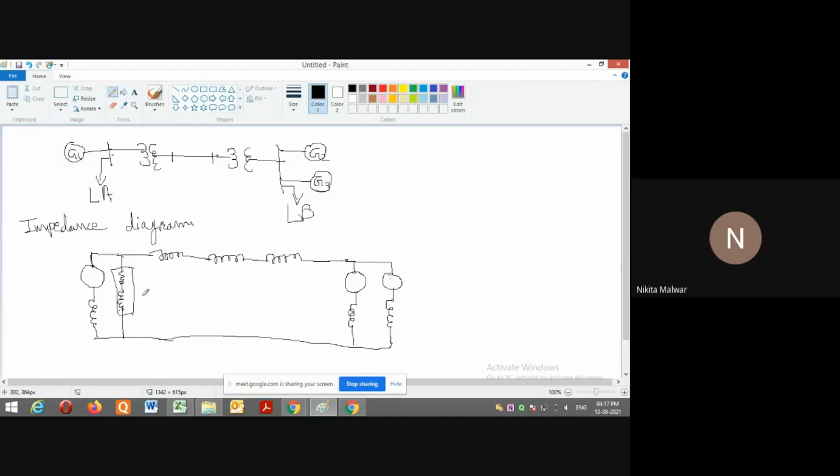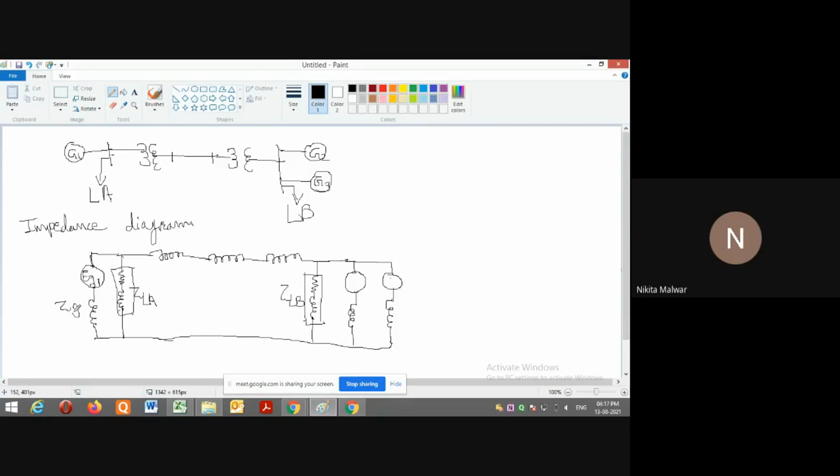So here your ZLA representation is in such a form. Now again here it is load B. Load B is represented by considering its resistance and reactance. So it is your impedance for load B, that means ZLB. Okay. This is your EG1.